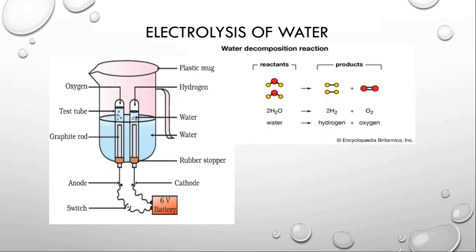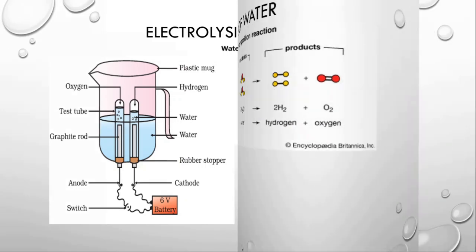Your answer would be, as the ratio of hydrogen and oxygen in the formation of water is 2:1, on the breakdown of water we get twice as much hydrogen as oxygen. So this is the answer to your question.